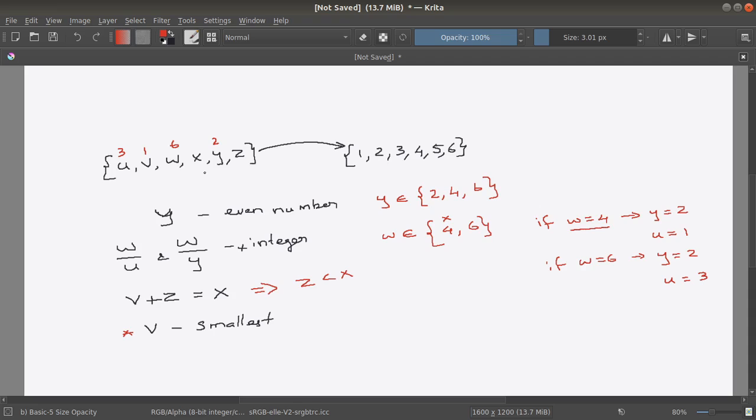Among that, the smallest number I have to assign to z, right? So which is 4. Okay, and in that case x should be 5. So that's the solution. So this is the solution. Okay, thank you.